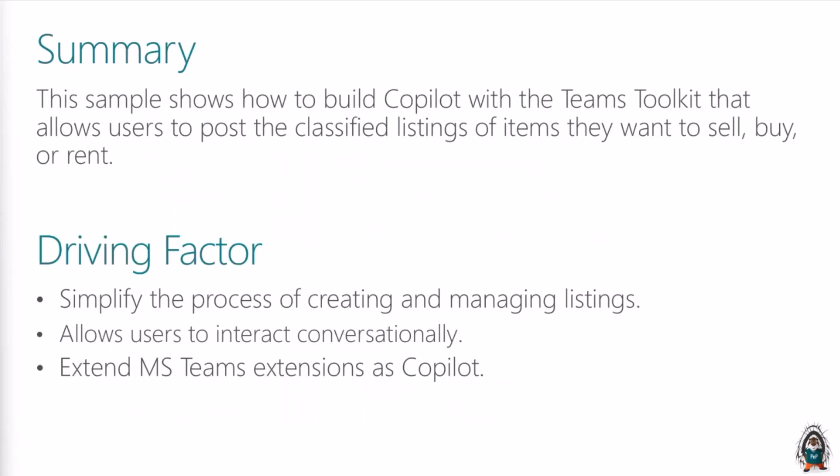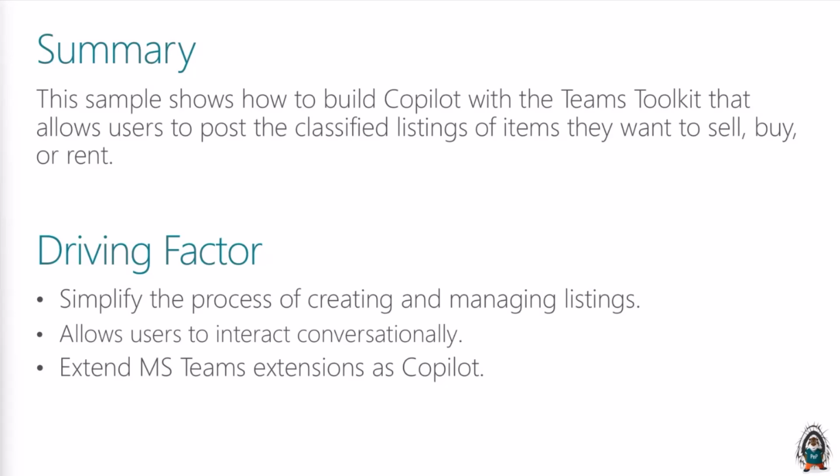So here is an example use case built for Copilot for a company internal marketplace. The classified listing Copilot offers corporate employees a convenient way to buy, sell or rent items right inside Microsoft Teams.